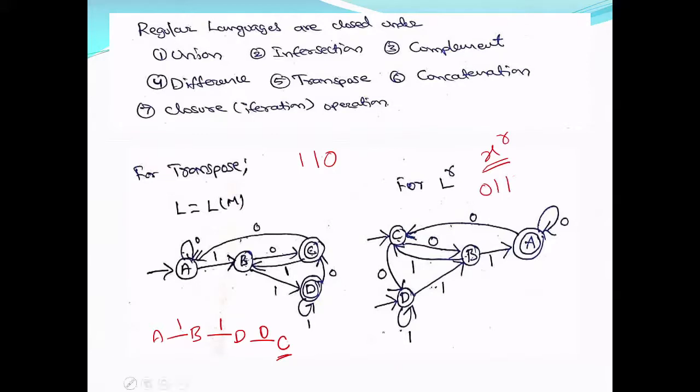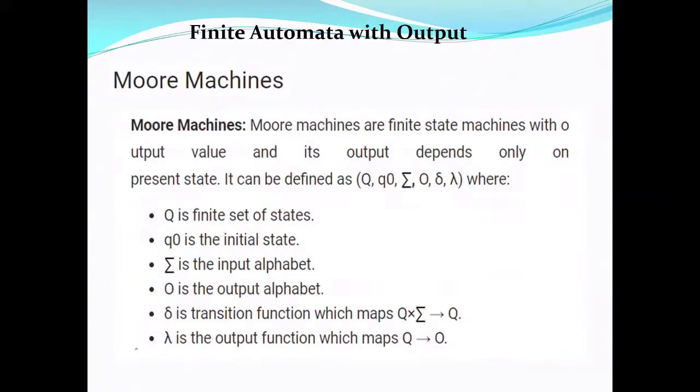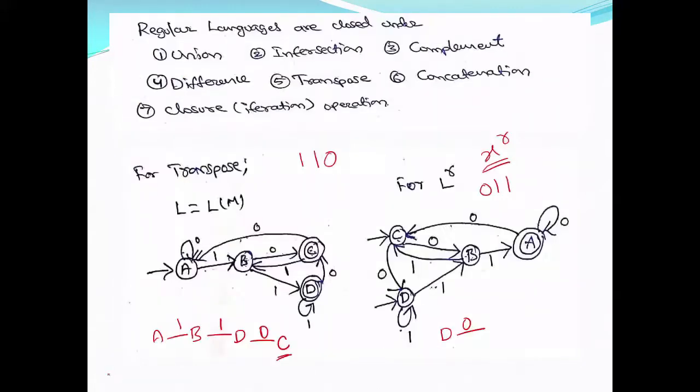So where should I start? If you start in D, it may accept, it may not accept. But suppose let me start in D. So D on 0 is going to C. So I'm ending in C. So I'll start in C. If you start in D, you are not getting the transition.